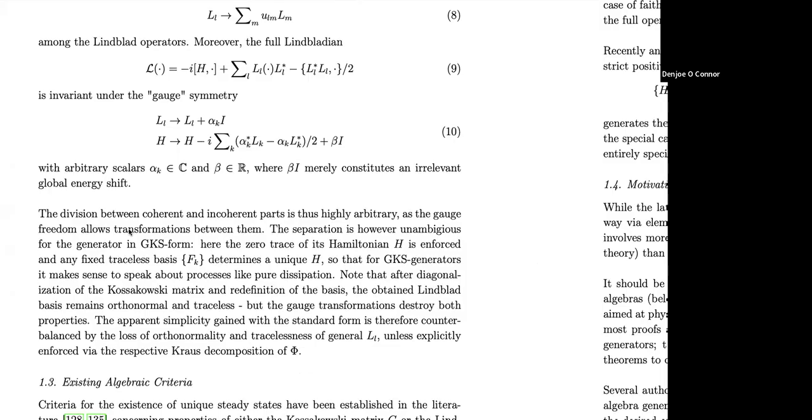So sometimes when people talk about pure dissipation or unitary dynamics, they have to say this only holds in a specific basis. When the basis is traceless, this is what Kossakowski did. He chose a basis, and in this basis you get this Kossakowski matrix C, and then you can really talk about pure dissipation and stuff like this, because then this fixes the unitary and the non-unitary part.